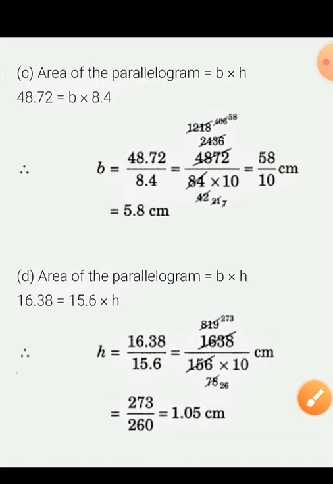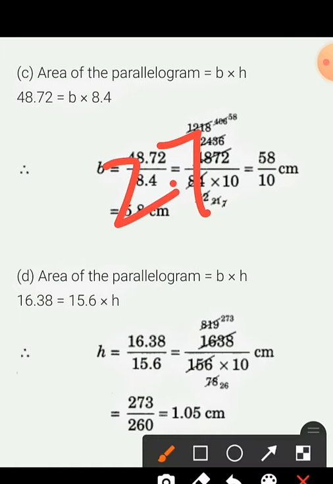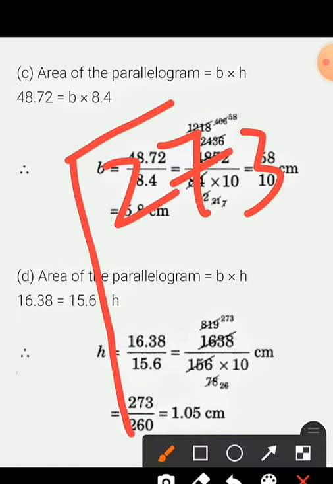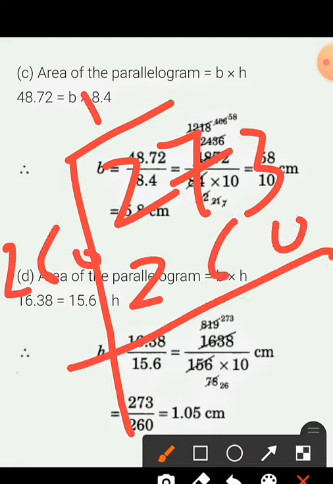273 we will write inside like this, and this side we will take 260. So 260 ones are 260. We will do subtraction. So here 7 minus 6 will be 1, and 3. 13 will be left. We will put a point. Then we will take 0. Then also 130 is less than 260.